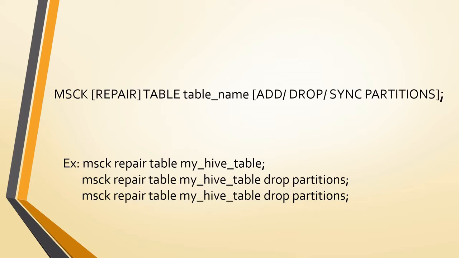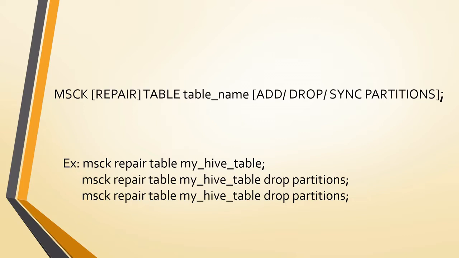Why this issue happens is that Hive usually stores the list of partitions in its metastore. A Hive table is built on top of some data located in HDFS or somewhere else, so every Hive table has one underlying HDFS path.